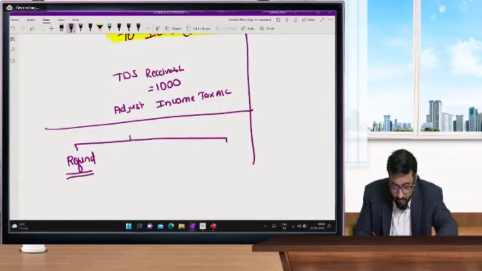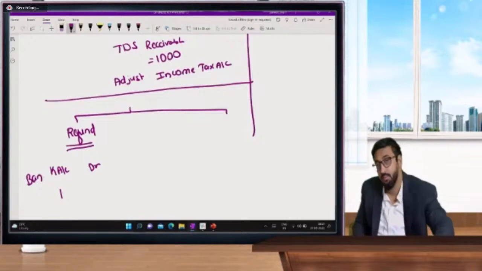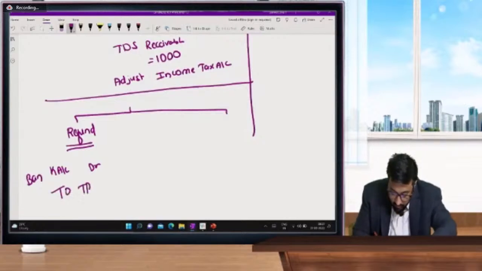Refund. And whenever I am getting refund, what entry I am going to pass? Bank account debit. Bank account debit to what? To TDS receivable. 1,000.